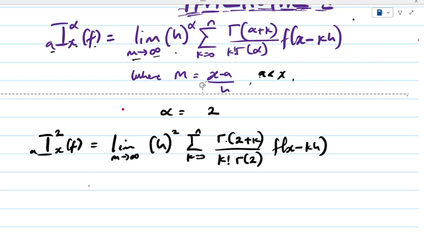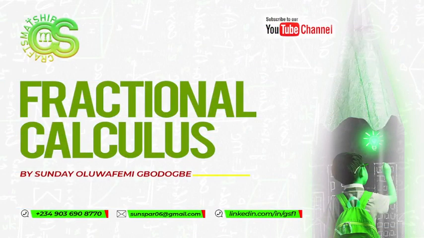So putting in our gamma and taking it to factorial, that will be 1 plus k factorial over k factorial, and we know our gamma 2 is 1 factorial, f of x minus kh.